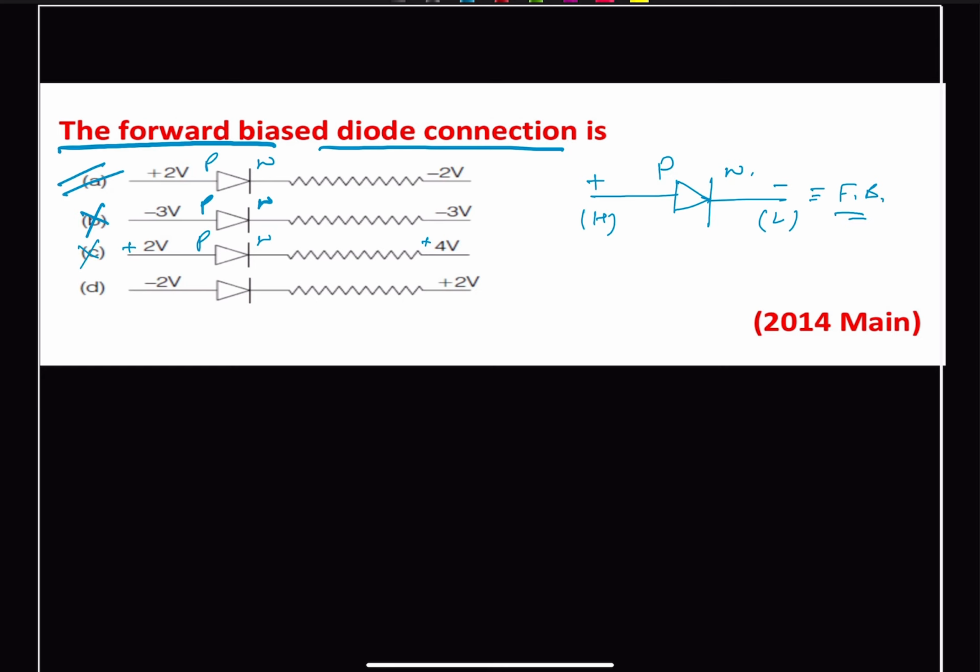Finally, in option D, P is connected to a lower potential and N to a higher potential, so this is also wrong. So option A is correct. So forward bias and reverse bias are ideally for the higher as well as the lower potential respectively.